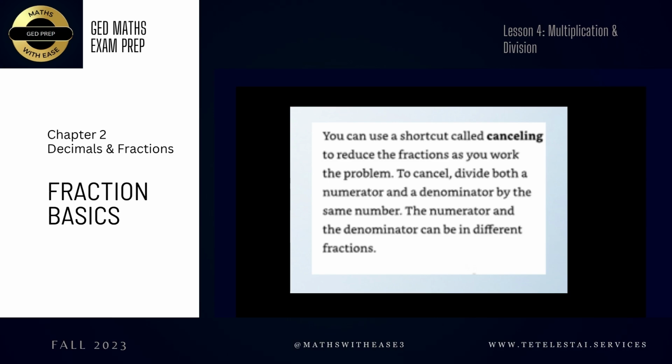You can use a shortcut called canceling to reduce the fractions as you're working through your problems. To cancel, you simply divide both the numerator and denominator by the same number. The numerator and the denominator can be in different fractions, okay?